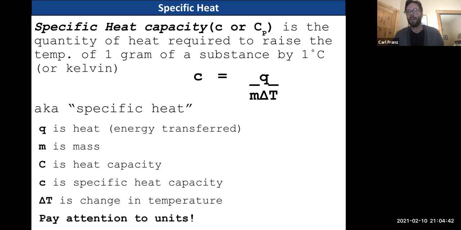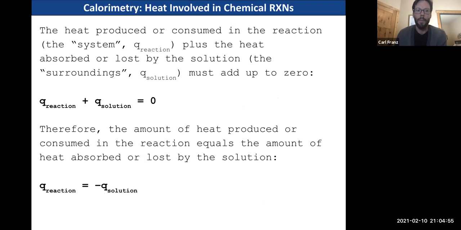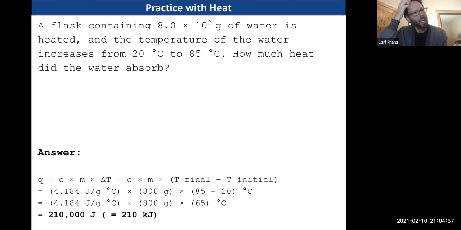So if Q equals negative Q, we can insert C times mass times delta T in for Q, right? And there were several problems where that was done.